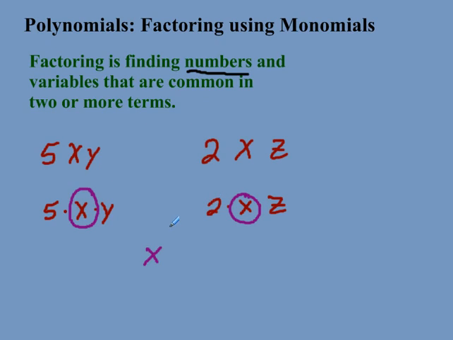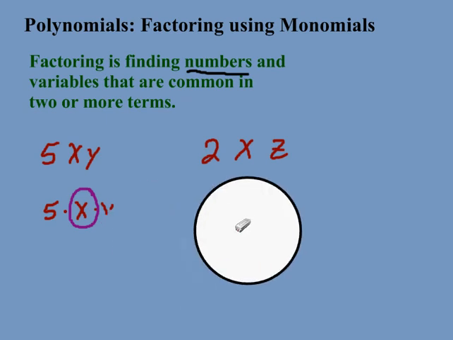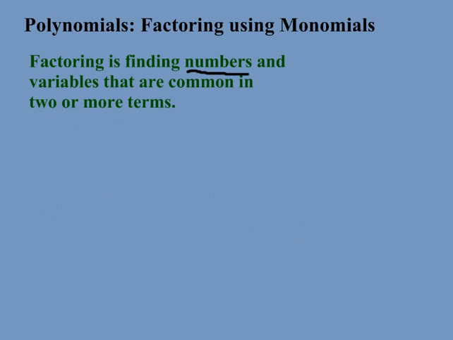Okay, so that's enough discussion on how to find a common number or variable between two terms. Now, let's try a different one, a little larger one maybe. Let me erase this real quick, my big eraser.